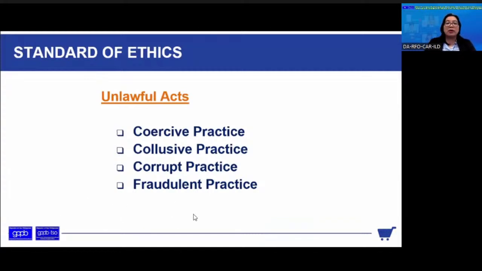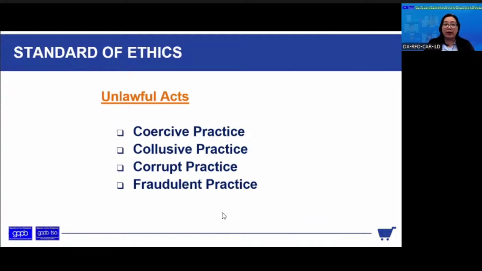The second one is a collusive practice, no? Collusive meaning collusion, although we also know that collusion is so difficult to prove. However, it is defined as a scheme or arrangement, pwede natin sabing arrangement, including even practices, among bidders. And this happens prior to or during the submission of bids, which are really designed to establish bid prices that are artificial, no?